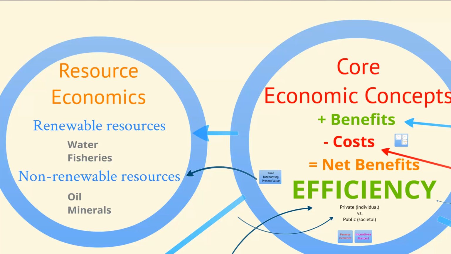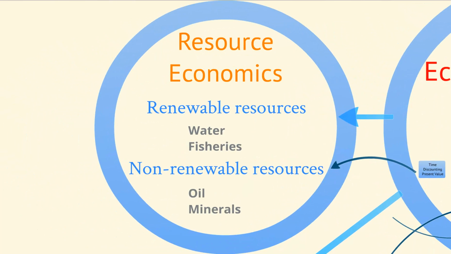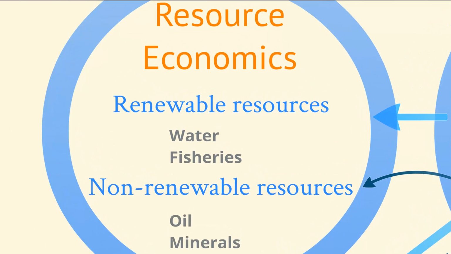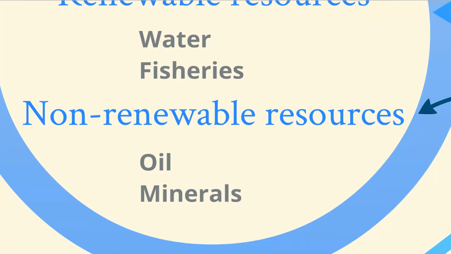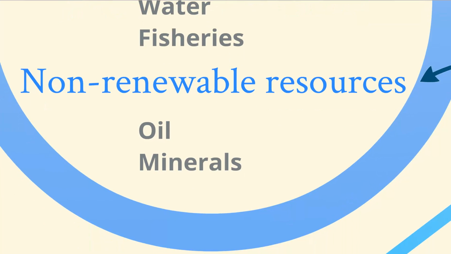Then we're going to switch back over and we're going to look at resource economics. We're going to look at renewable resources like water and fisheries. Again, always taking those core economic concepts and applying them to those resources. So we do the renewable resources, then we do the non-renewable resources, oil and minerals.